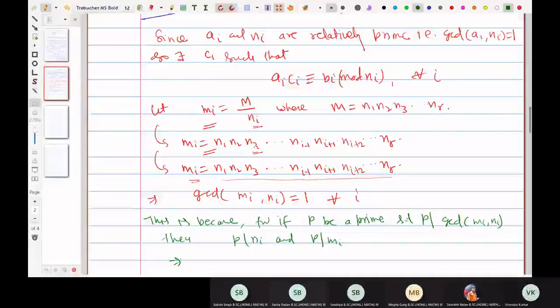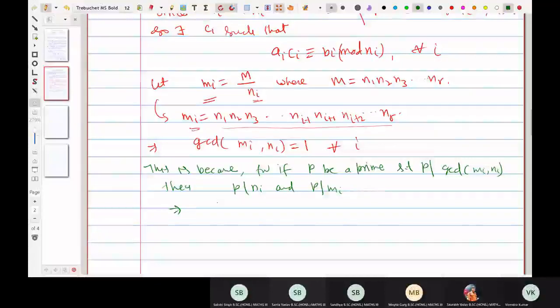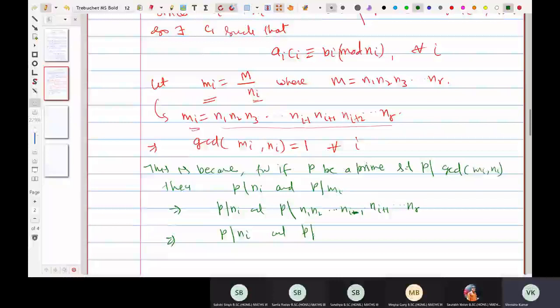And this implies that p divides n_i, and then p divides some n_j.